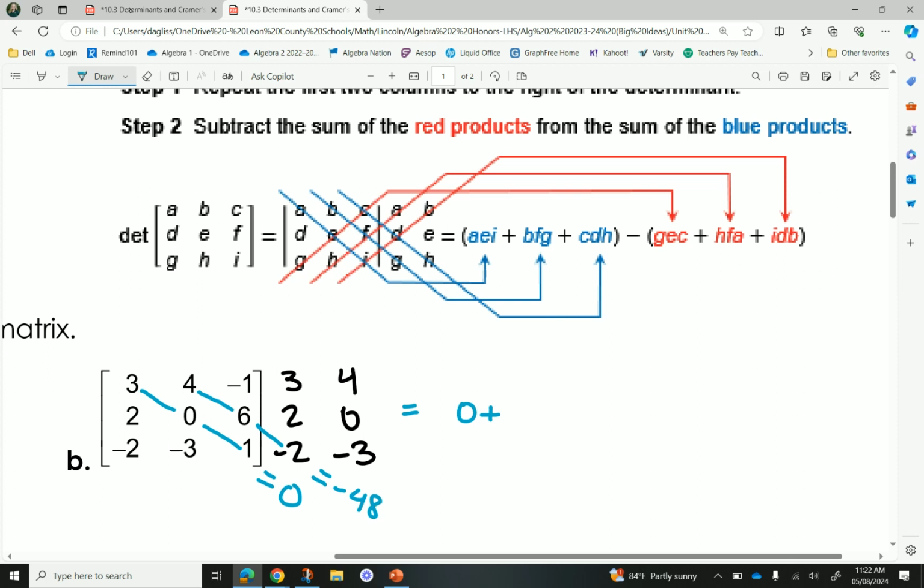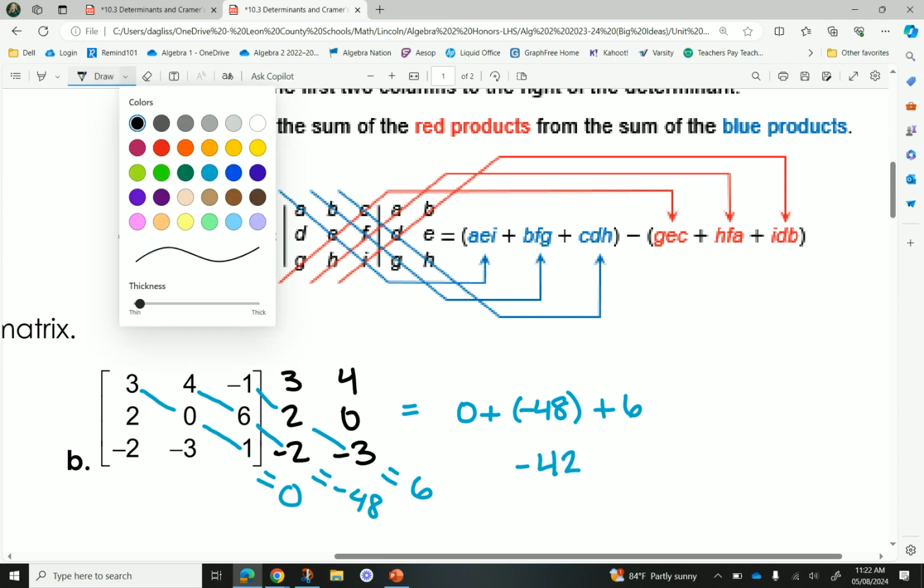Negative 48. Good. And then negative 1 times 2 times negative 3. Positive 6. Good. So what is 0 plus negative 48 plus 6? Negative 42.